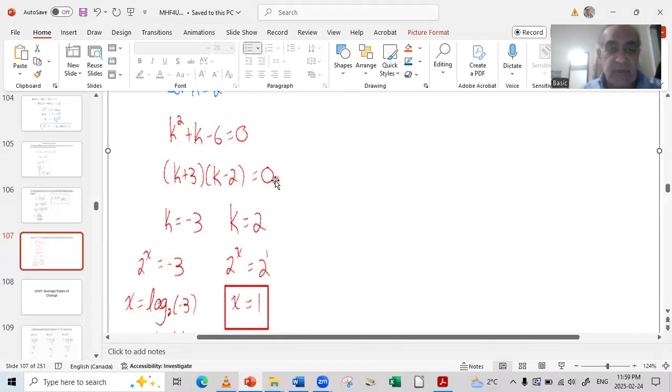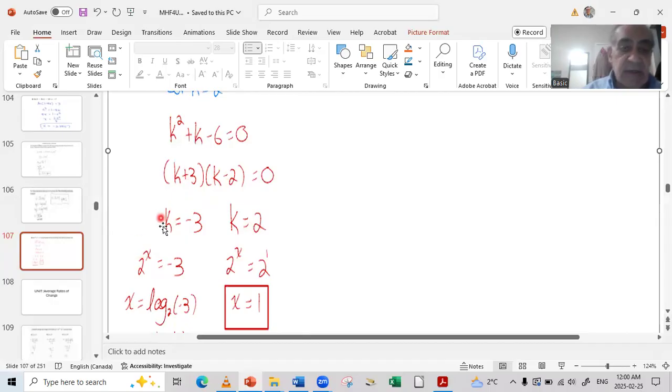Any one of them will equal 0, and the other one will be whatever it is. If k plus 3 equals 0, then k equals minus 3. If k minus 2 equals 0, then k equals 2.